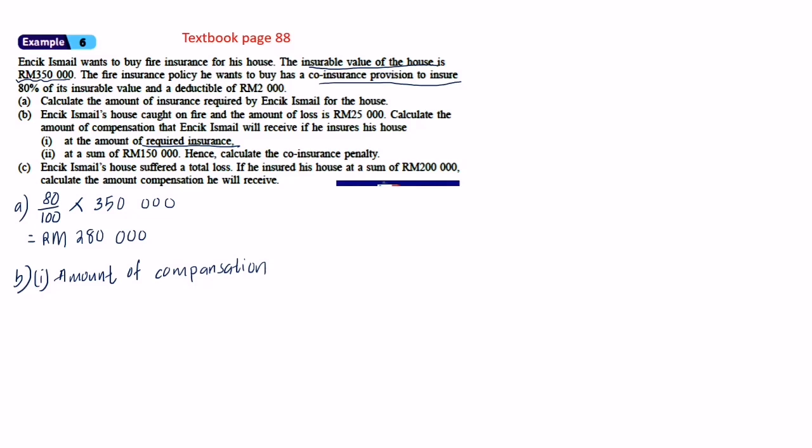Amount of compensation is 25,000 minus the deductible 2,000 ringgit. So he will receive the amount of compensation 23,000 ringgit.